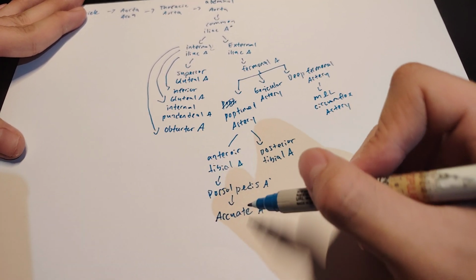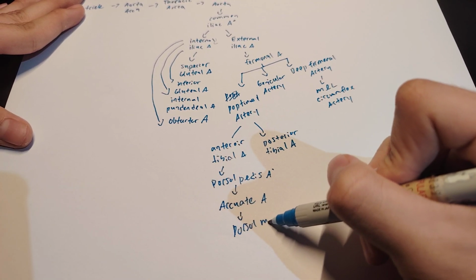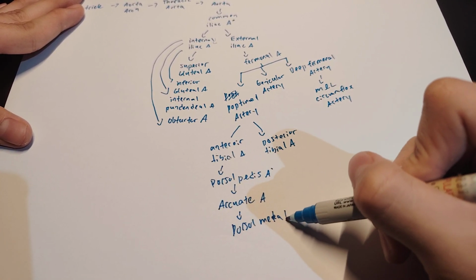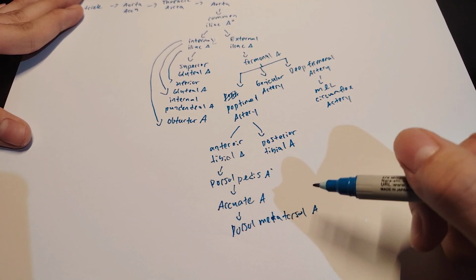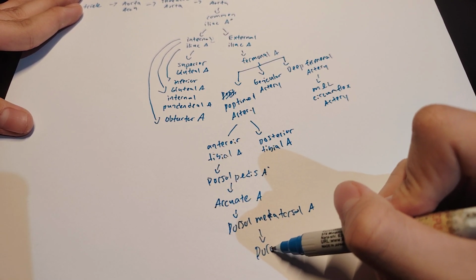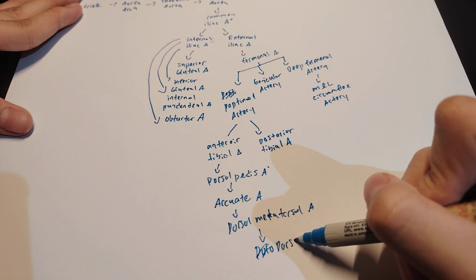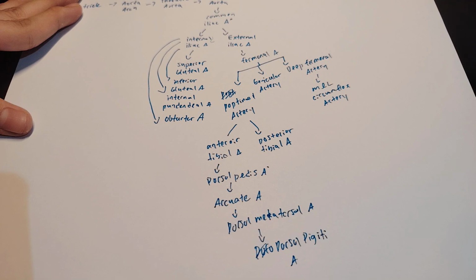From the arcuate artery, it's then going to split into the dorsal metatarsal artery. And from the dorsal metatarsal artery, it's then going to split into this structure called the dorsal digital artery. Okay.